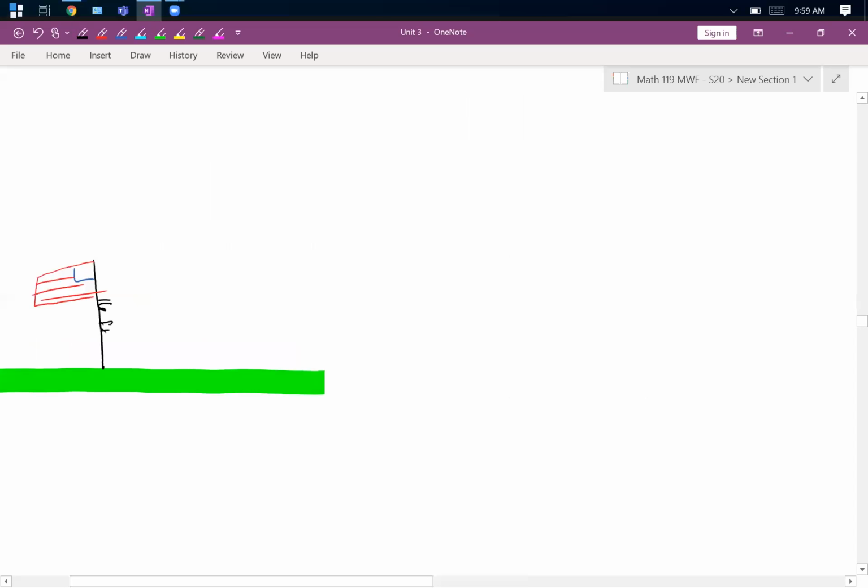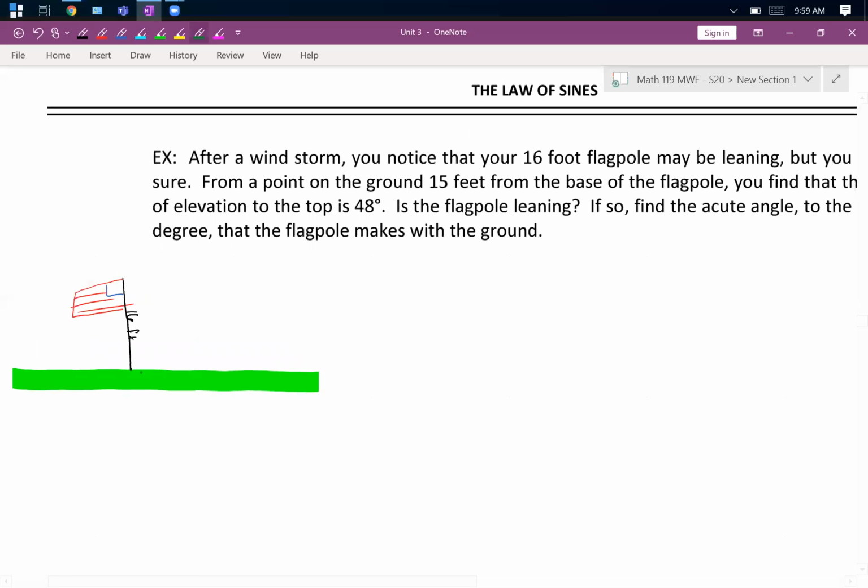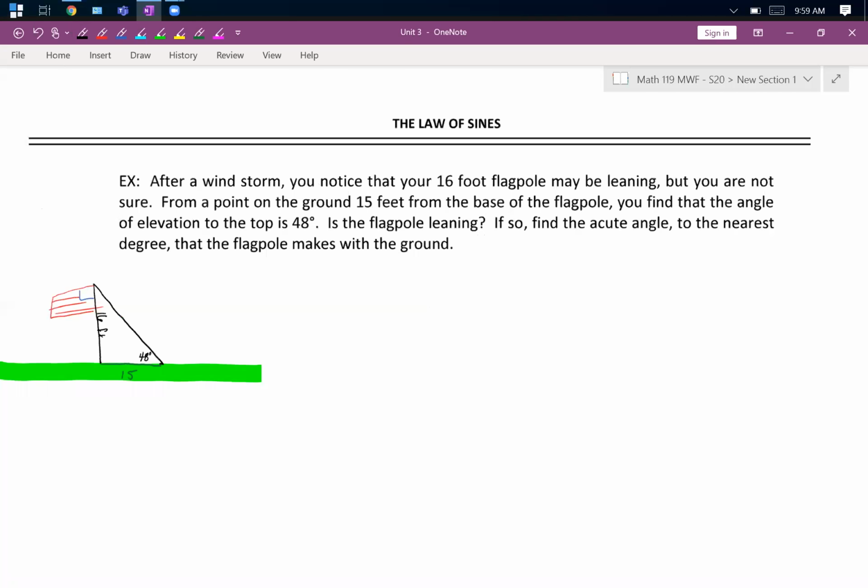From a point on the ground 15 feet away from the base, so out here 15. The angle of elevation to the top is 48 degrees. We want to figure out if the flagpole is leaning.